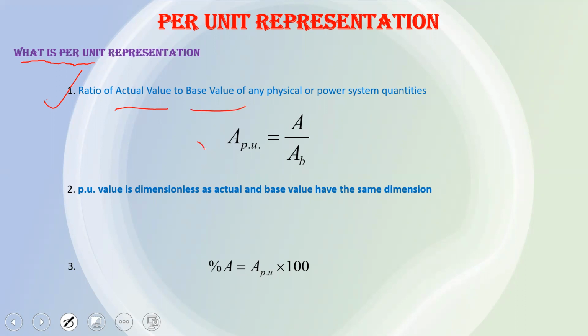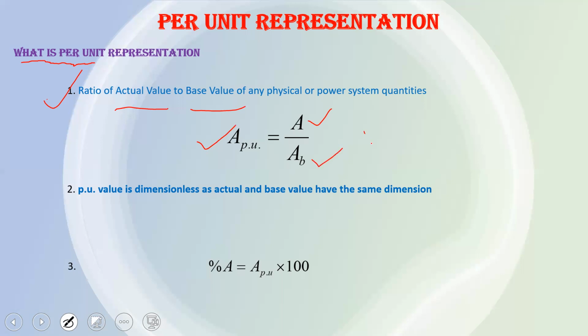So if A is any physical quantity in conventional units and you want this value in the per unit system, you will have to take the ratio of its actual value to its base value.